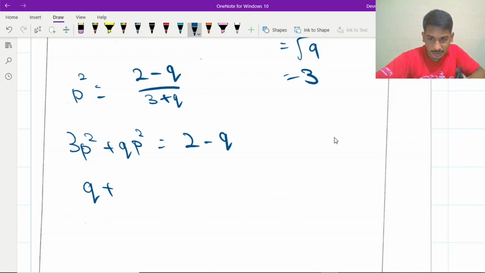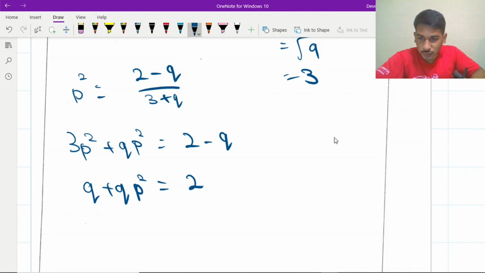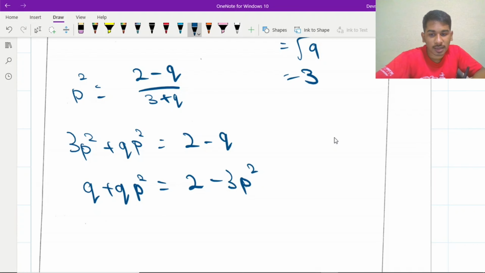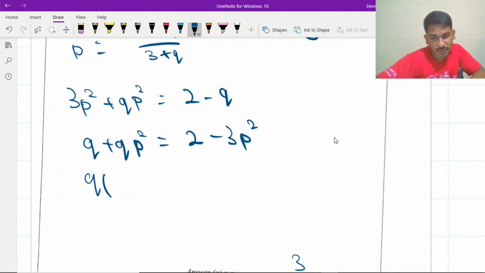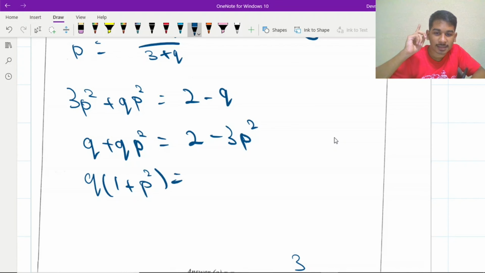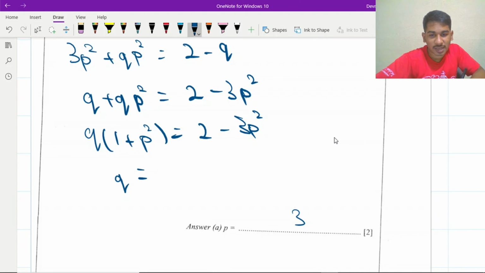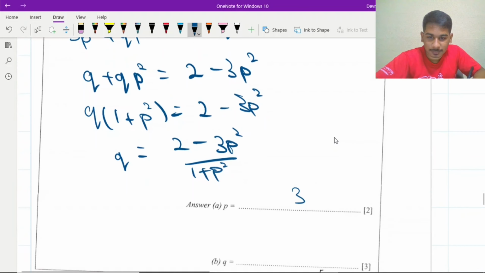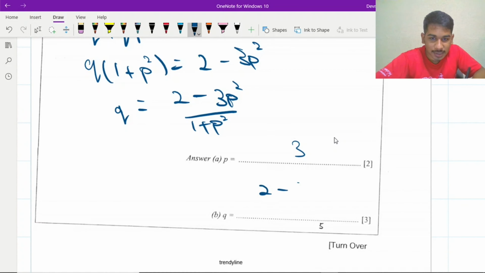It's going to be Q plus QP squared, and the other ones to the other side: 2 minus 3P squared. Now factorize out the Q: Q times 1 plus P squared equals 2 minus 3P squared, and then throw the 1 plus P squared to the other side. So Q is 2 minus 3P squared over 1 plus P squared. Done.